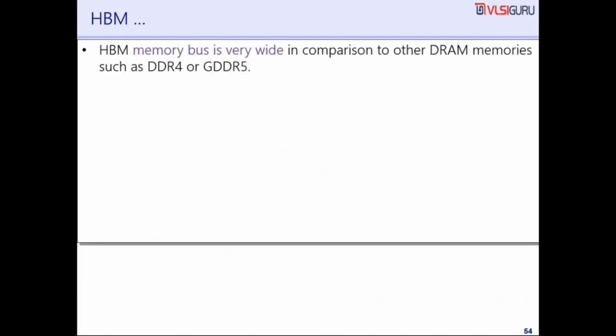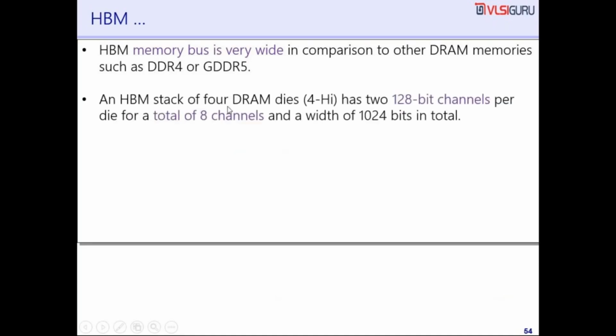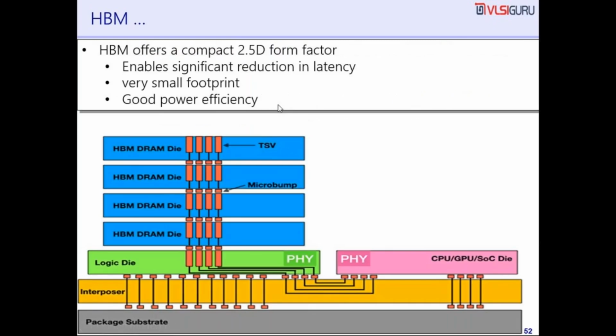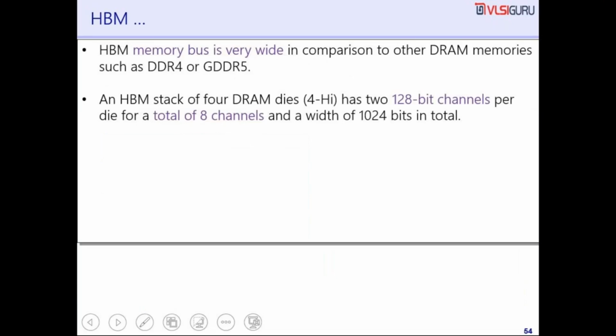Then going here, HBM memory bus is very wide in comparison to other DRAM memories such as DDR4 or GDDR5. An HBM stack of 4 DRAM dice, which we have seen just now. There are 4 DRAM dice, right? It has two 128-bit channels per die for a total of 8 channels. So you can think of totally 8 channels.